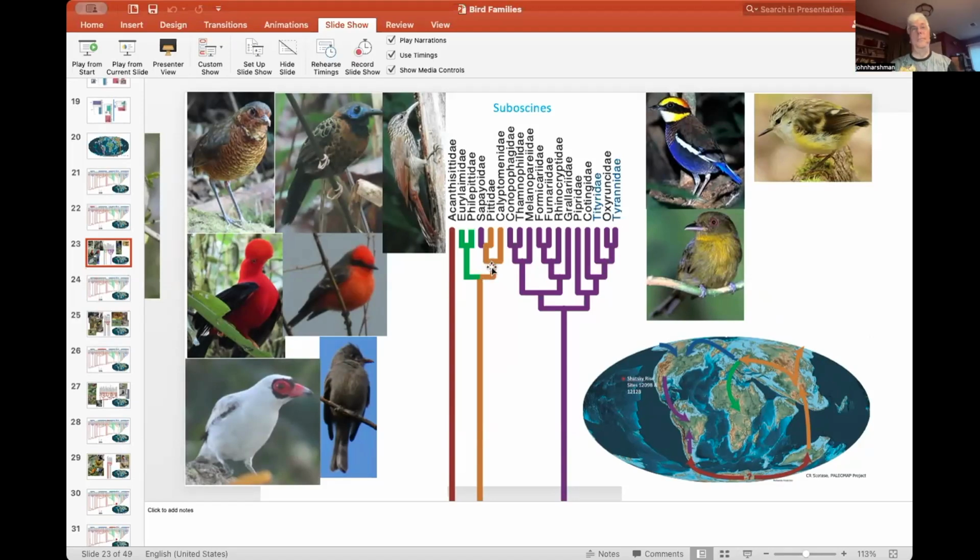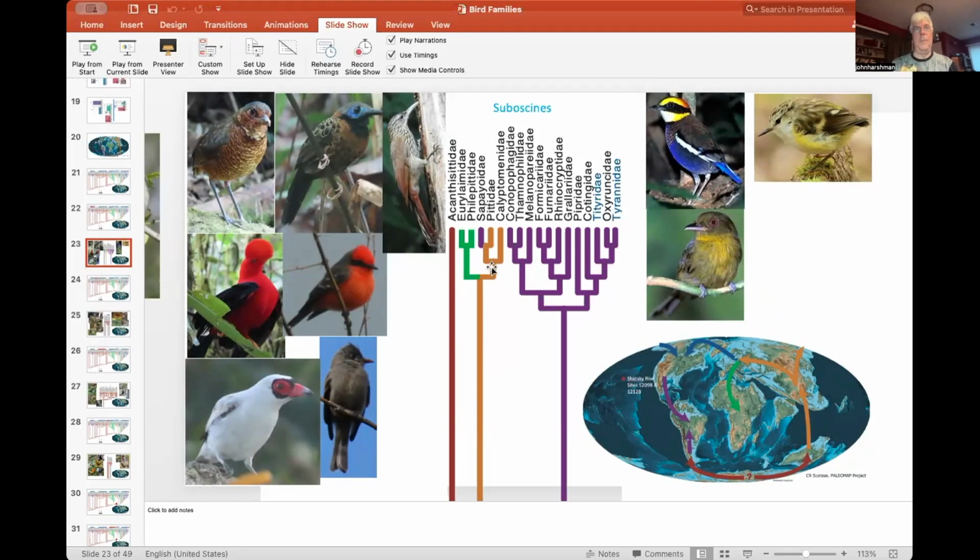So my theory would be that, as in a couple of other cases, somebody made it across from the closest approach of Africa to South America. And the Sapayoa is found on the East Coast, so that helps us think that might be true.